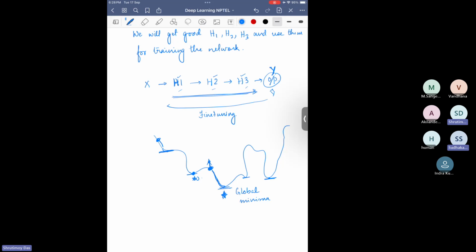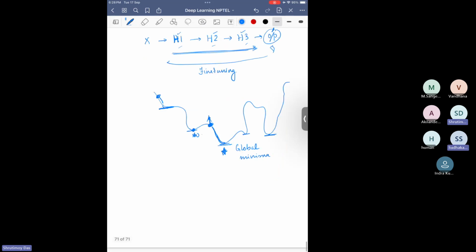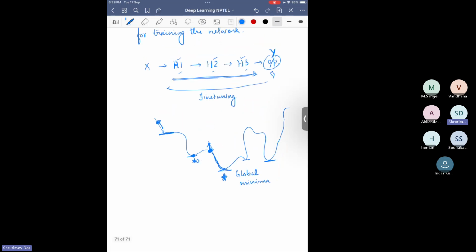So if we look back at the concept, what it says is that we are restricting the weights to be at certain points. If we did not pre-train H1, H2, or H3, and we are just given some X and some Y, and you have H1, H2, H3 that are not pre-trained, you are just backpropagating from Y and updating during backpropagation.